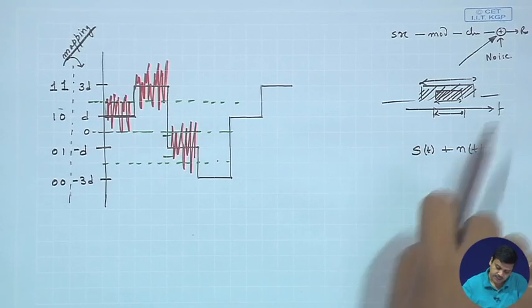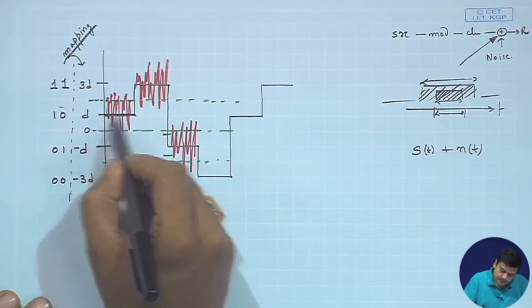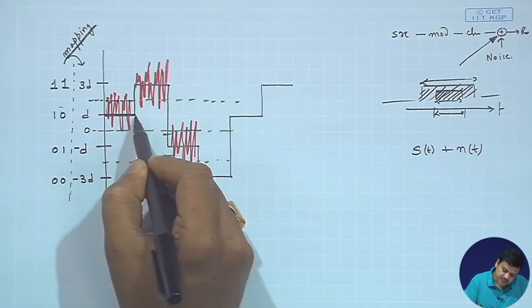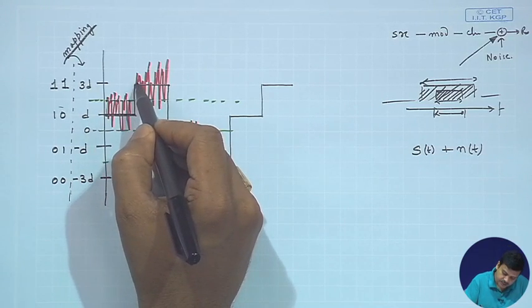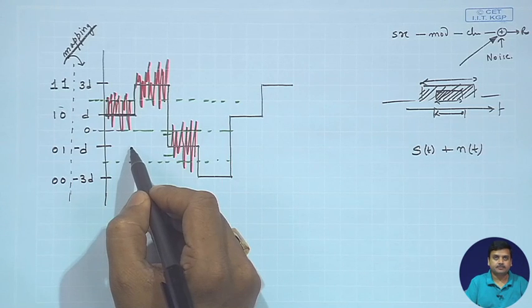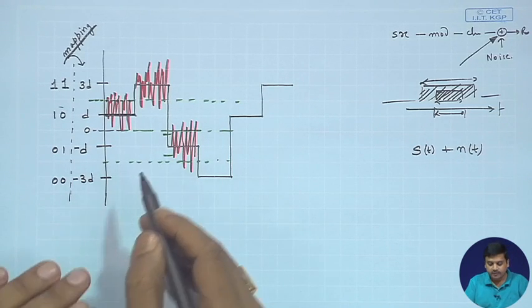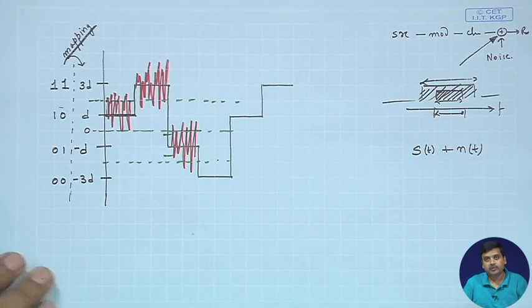So, what I am trying to say is that when D is sent, it could be detected as D or 3D or minus D. Now, you could guess from this, we are not going into all details, which we will do at an appropriate time in a later part of the different modules of this lecture.